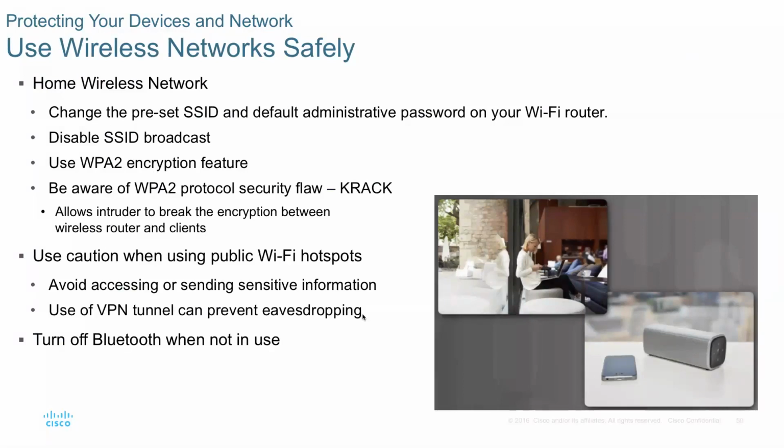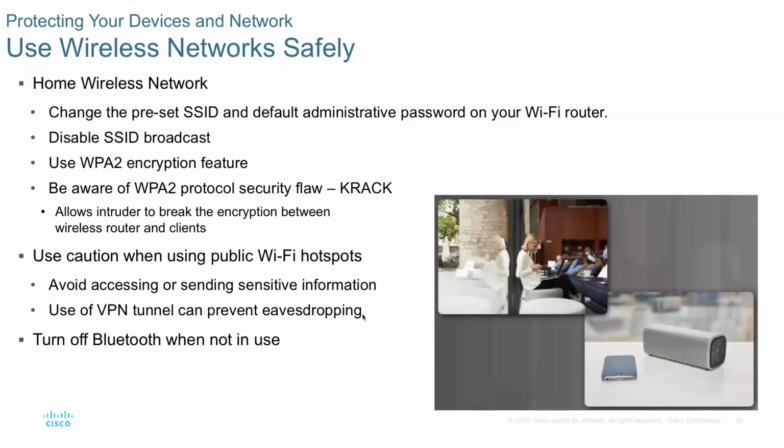And it spends some time in this section reminding you to use caution when using public Wi-Fi hotspots. You probably shouldn't be accessing your bank information on a public Wi-Fi hotspot. If you did want to do that, you should look at something called a VPN tunnel, because that could prevent eavesdropping.